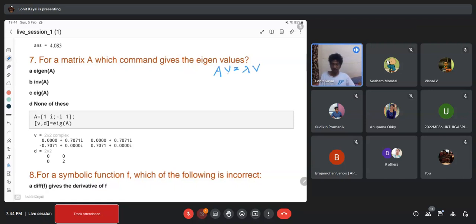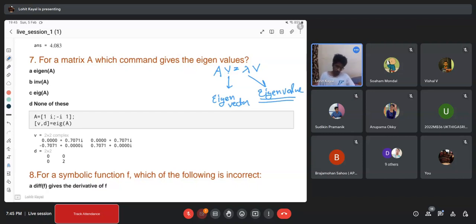Any arbitrary vector V will not satisfy this. Only some special vectors will satisfy this relation. This is called an eigenvector, and these are eigenvalues. Now, MATLAB has an inbuilt command to find the eigenvector and eigenvalue.